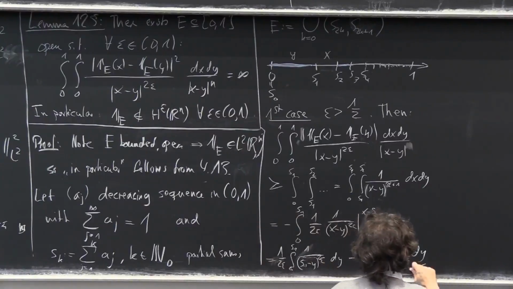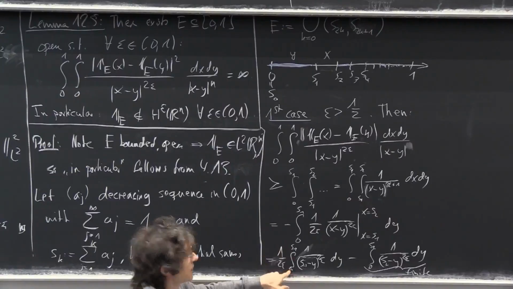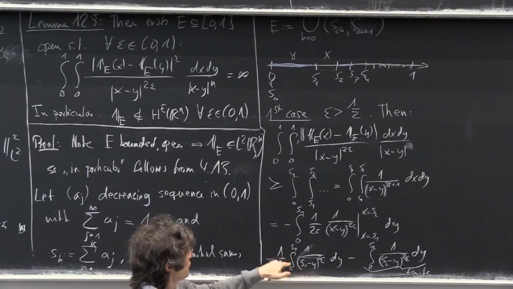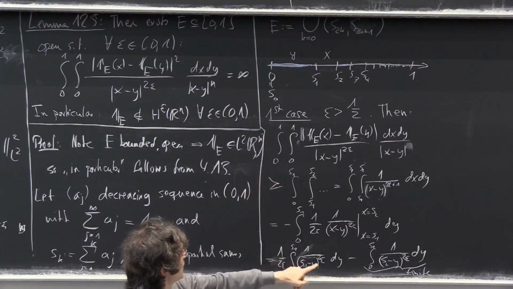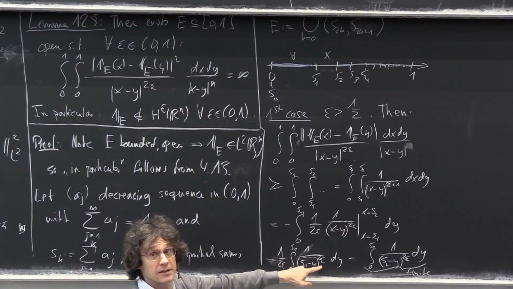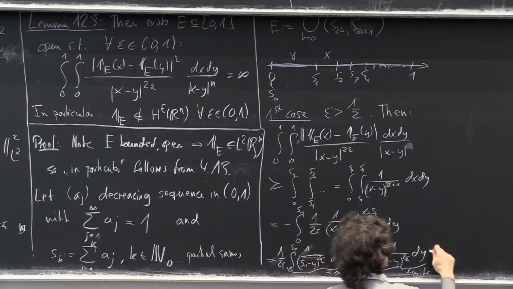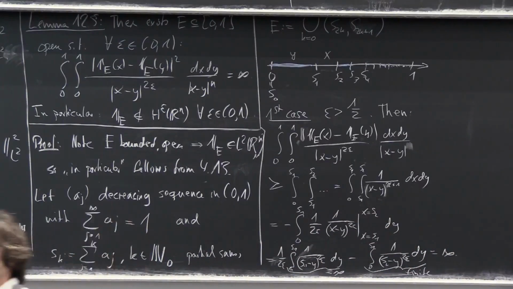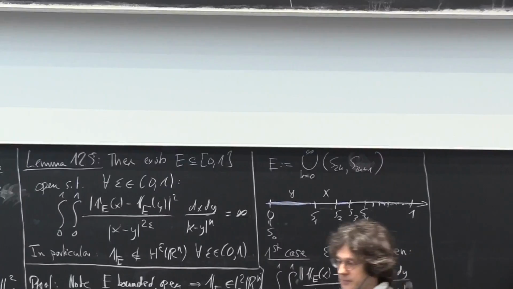So this is finite. And here you have an integral up to the singularity, from 0 to S1, of 1 over (S1 minus y) to the 2 epsilon. And since epsilon is greater than 1/2, this exponent is greater than 1. So this is a non-convergent integral. So this is infinity. This doesn't help. So, not too surprisingly for large epsilon, this function is not in H epsilon.